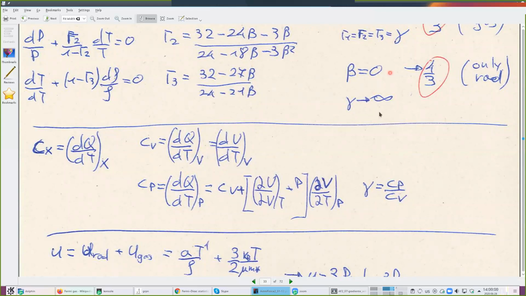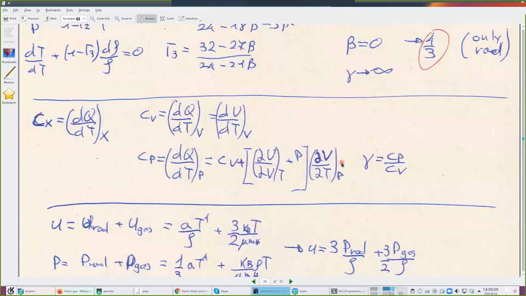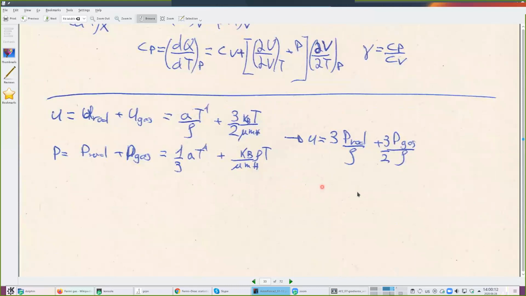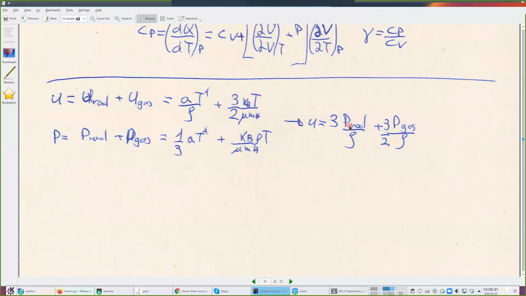So they are no longer equal to the adiabatic coefficient, though they are equal among themselves. But you see a relation connected with the two. If the pressure of the gas is more important, it is like a normal gas, not a relativistic gas.